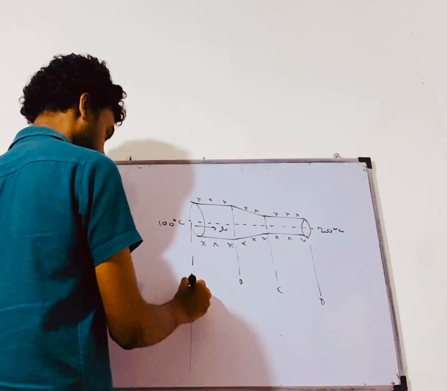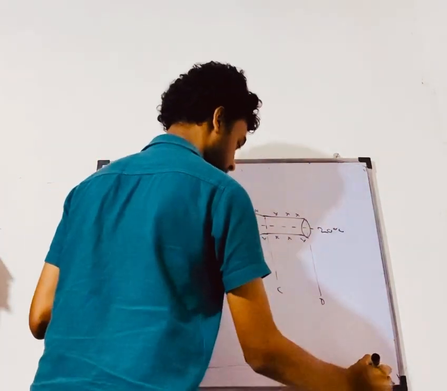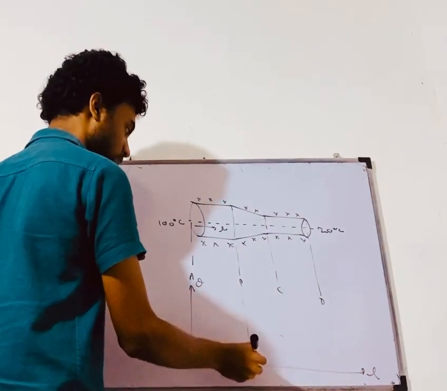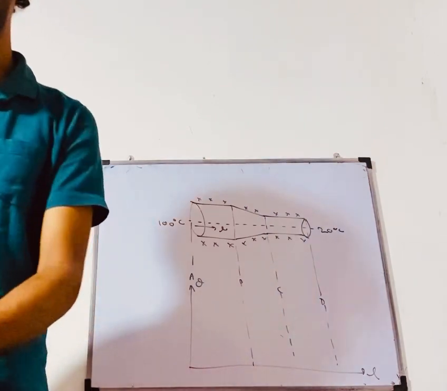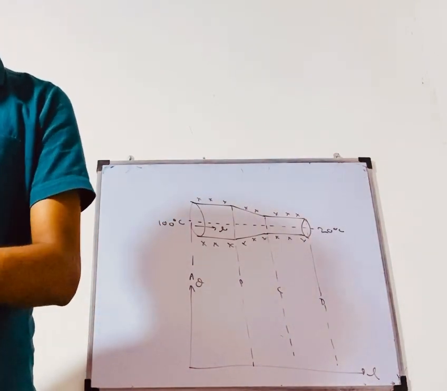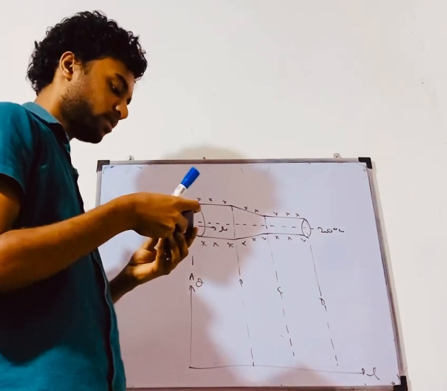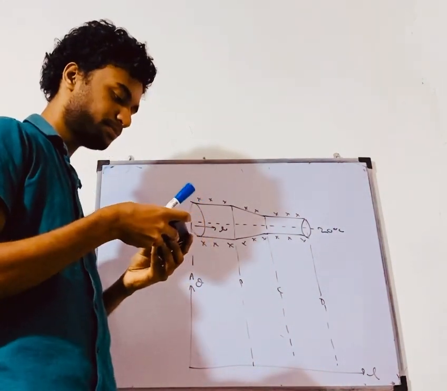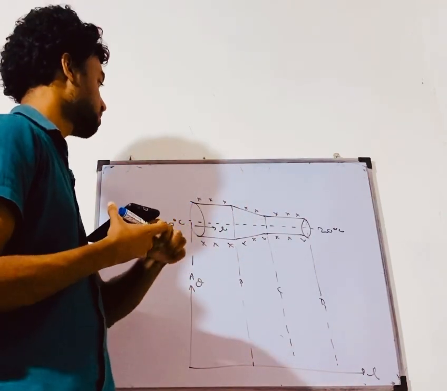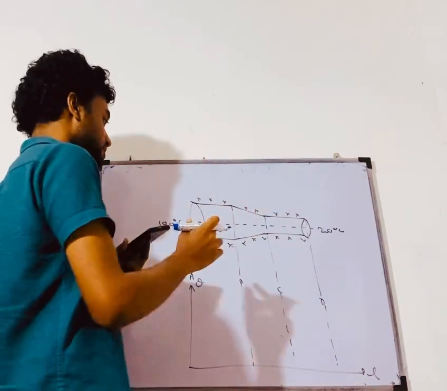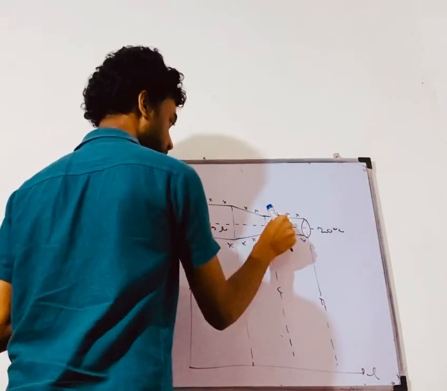What can you see? And L. Observe this carefully. Now think about the gradients. The cross-sectional area here is greater than the cross-sectional area here, and the cross-sectional area here is greater than the cross-sectional area here.